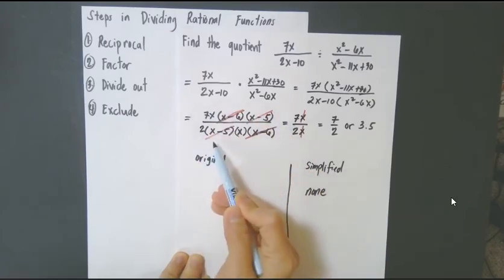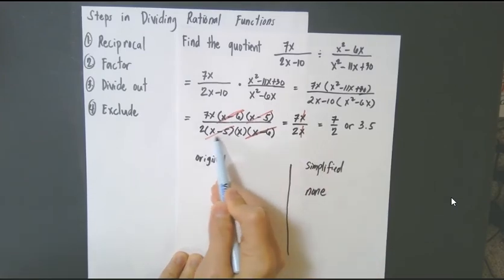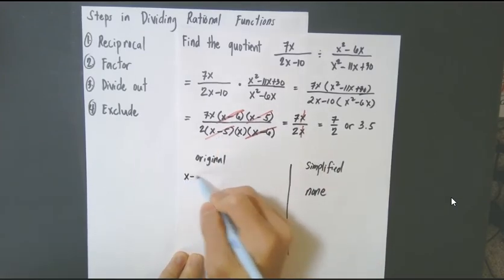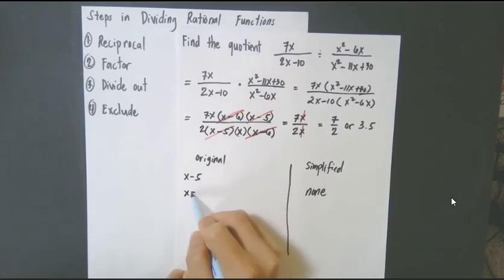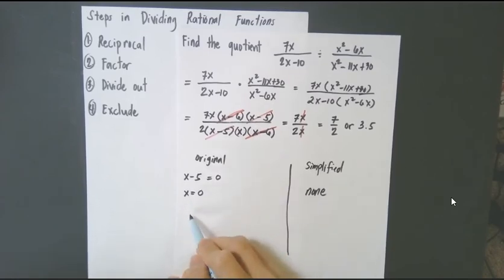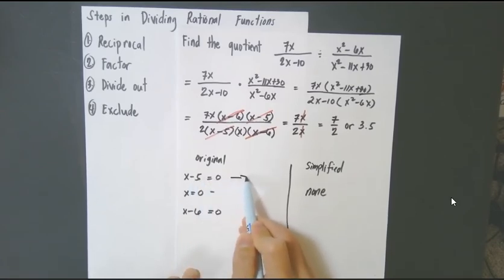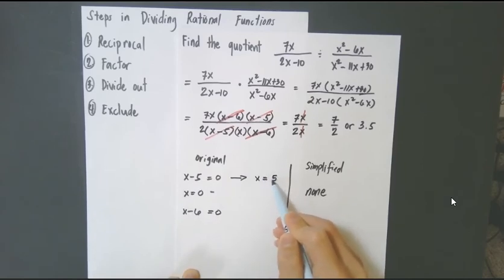So we just need to take all variables and equate them to zeros. That's x minus 5, so equate that to 0. You have an x there, so equate that to 0. X minus 6, equate that to 0. So from there, do your simple math here. If you do your simple math, you get x equals positive 5.